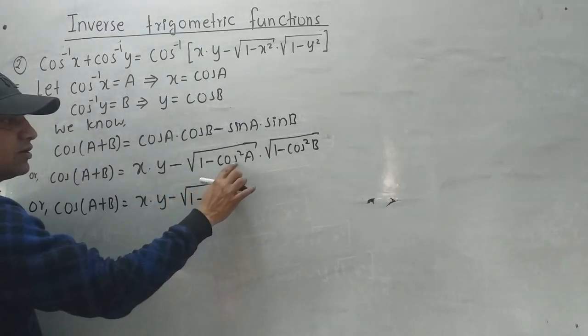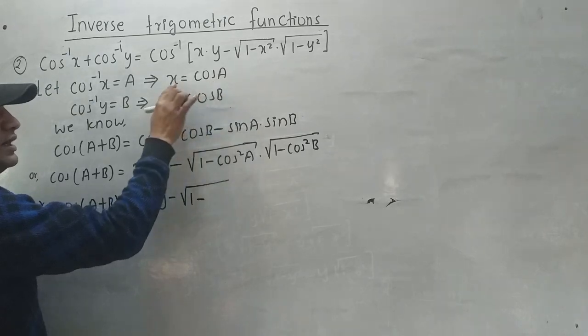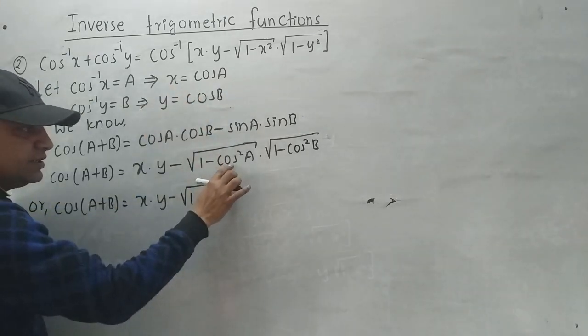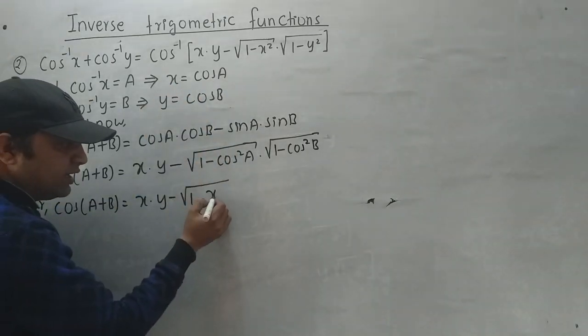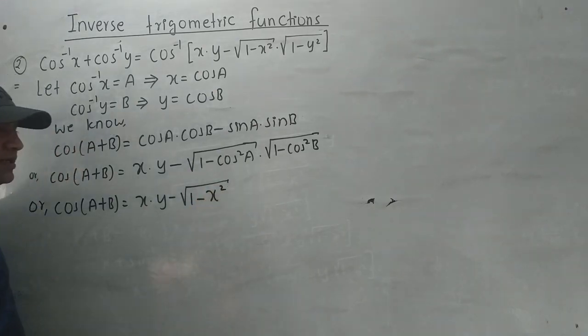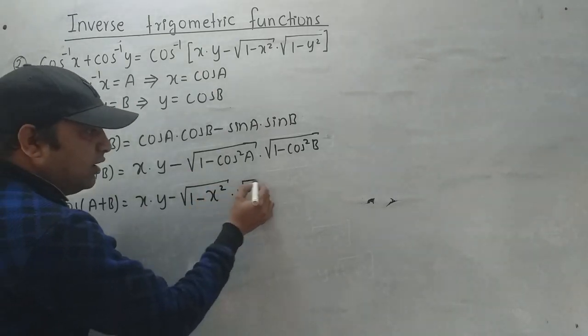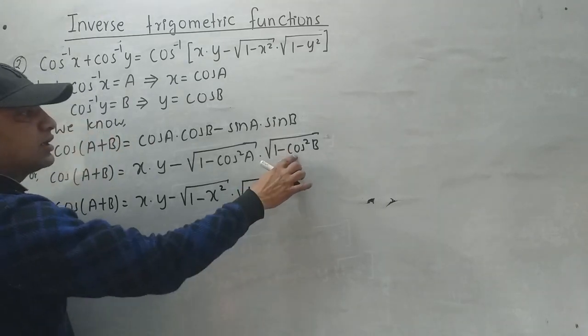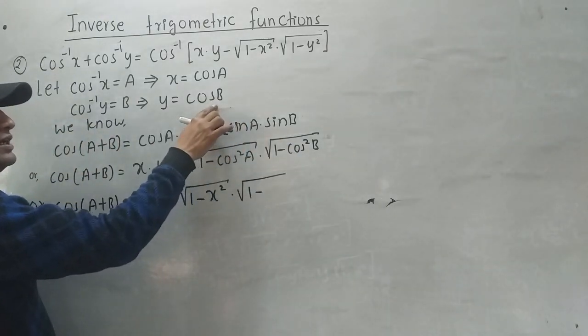So for cos A you can replace that by x. But here it is cos square A. So you are able to write here under root 1 minus x square times under root 1 minus, for cos B. For cos B you can replace that by y.